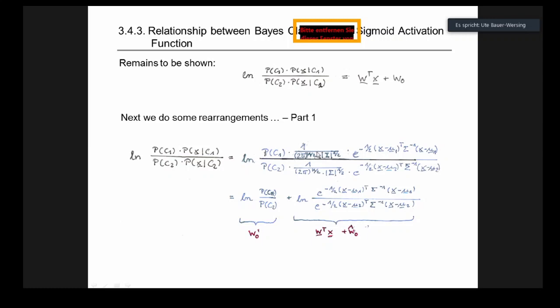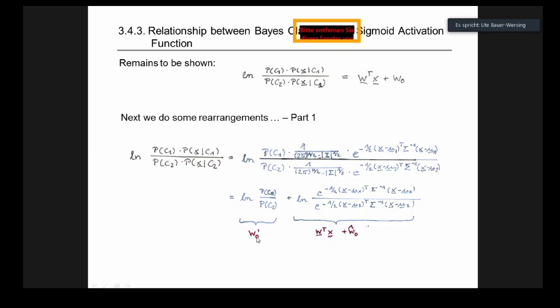When you look at this quotient, this normalization constant is the same for both classes, right? So they disappear. So we already have something that looks like the bias in our formula.